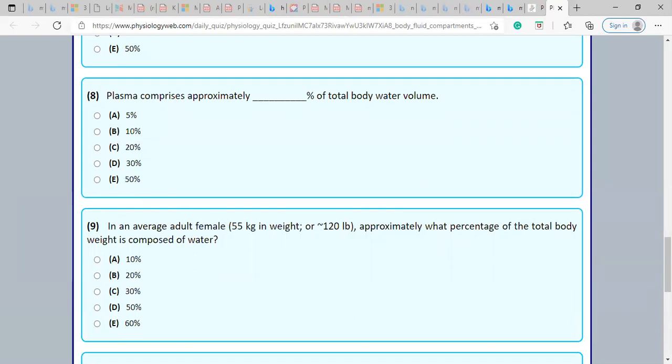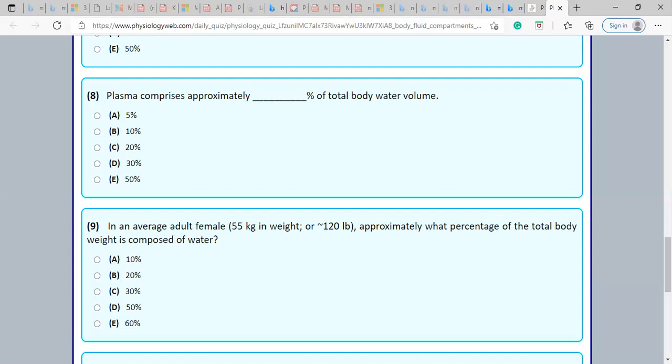Plasma comprises approximately blank percent of total body water. This seems like a repetition of the other question. In an average adult female, 55 kg in weight, approximately what percentage of the total body water is composed of water? We said the total body water for a 70 kilogram person is 60% of body weight.